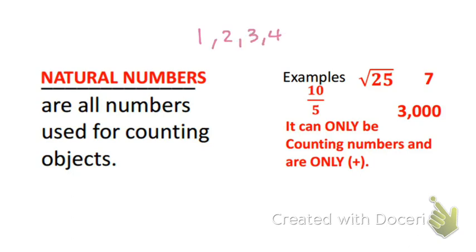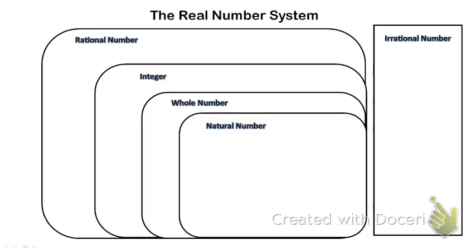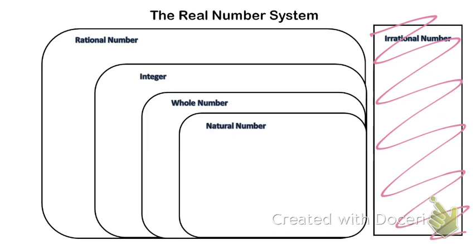Remember, it does not include 0, and it is always positive. Lastly, we have the real number system. For you guys for 7th grade, you do not need to know irrational numbers. You'll get more into that in 8th grade or in algebra.